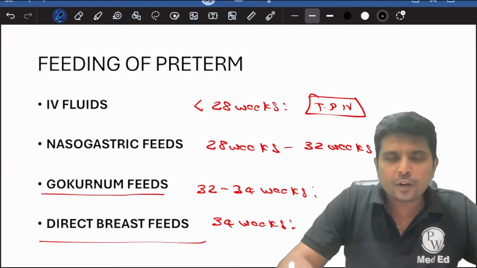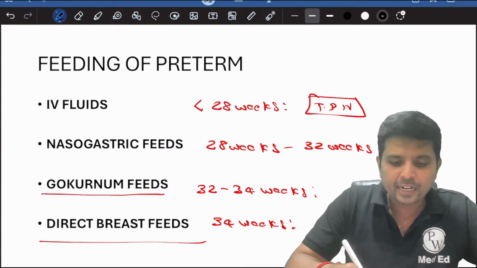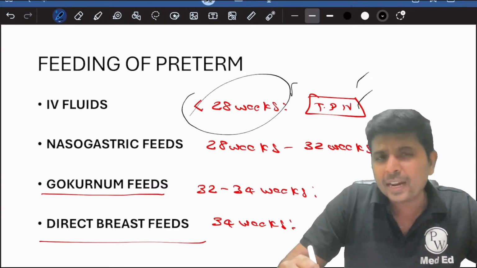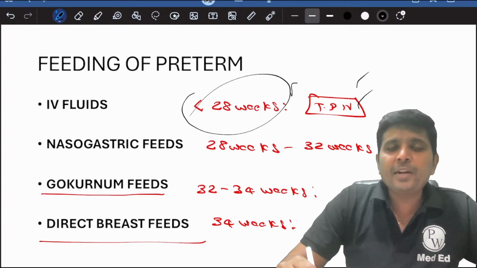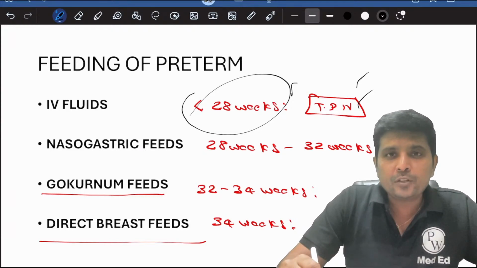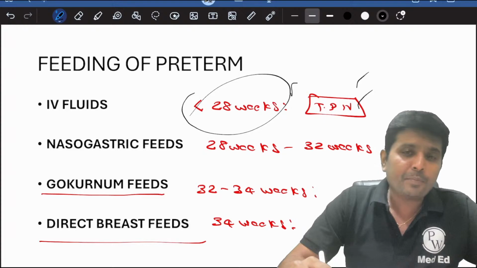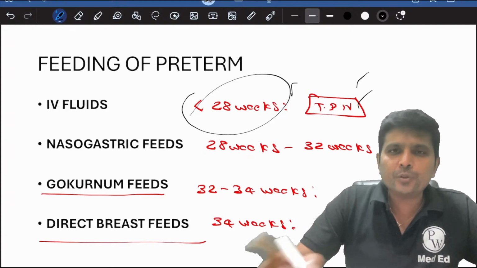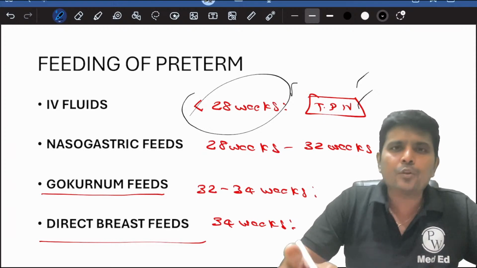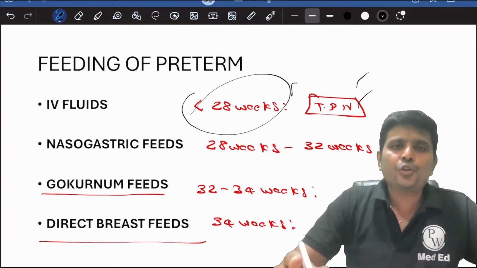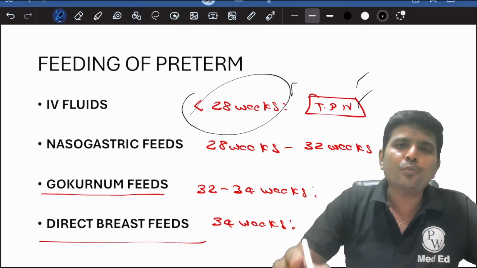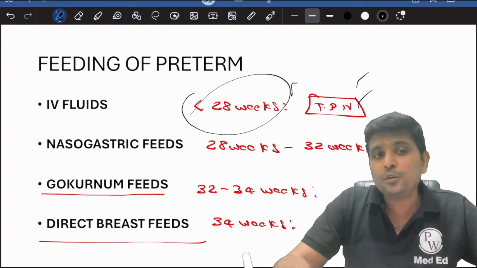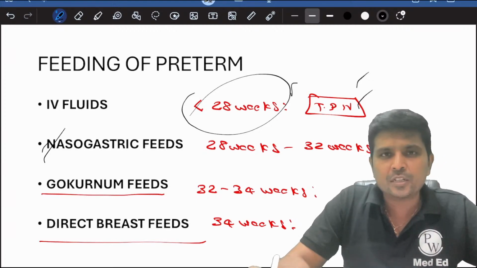As a result, for a newborn less than 28 weeks, you give intravenous fluids, otherwise called total parenteral nutrition. Whereas for a newborn between 28 weeks and 32 weeks, the sucking swallowing coordination will not be there, but the intestine has matured. So what will you do? You need to bypass sucking and swallowing, so you can put a nasogastric tube or orogastric tube into the stomach, and you can give even breast milk also. So for 28 to 32 weeks, you need to give nasogastric or orogastric feeding.